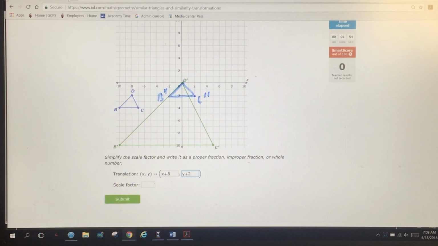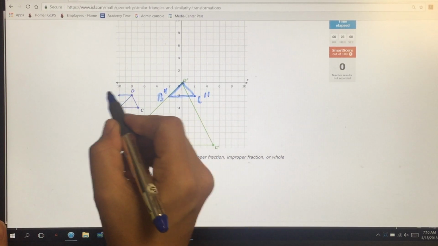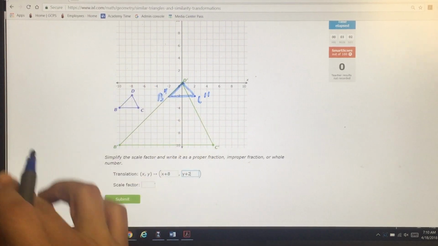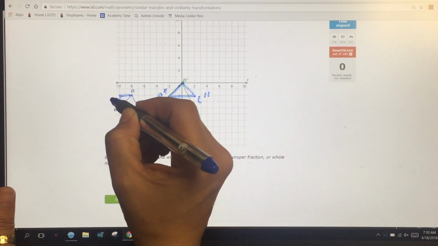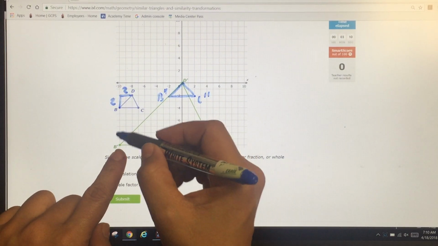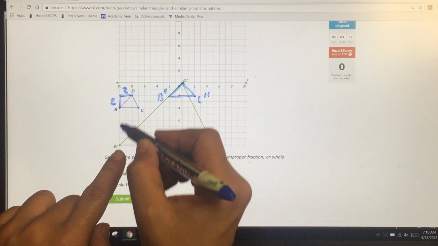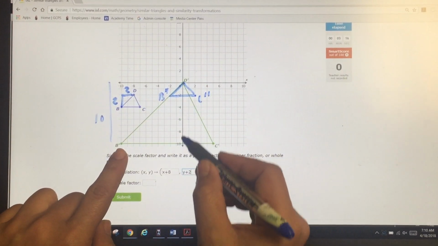Now, lots of ways that you could do this. The one that I like to do is just simply, I count the slope, rise over run, okay? So from B to D is 2, 2. All right, so it's gone 2, 2. Now the new one from B is 10, because it's 10 up.